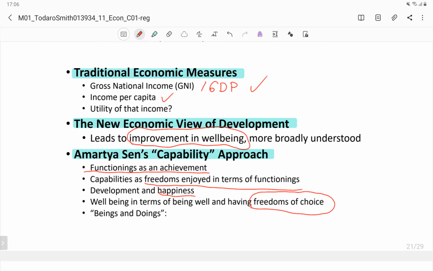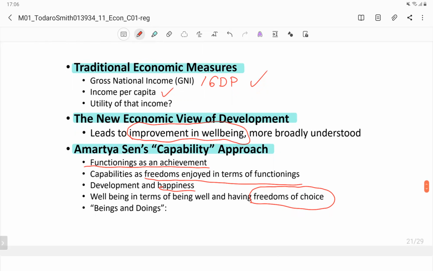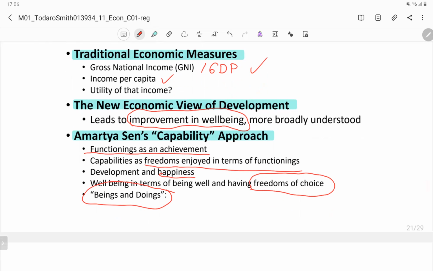When someone is poor and they are sick, they don't have other choice but to deal with it themselves. If they are not poor, then they will have the choice to go to the hospital, to go to the doctor, or to eat better food and things like that. And then here, Amartya Sen also talks about beings and doings. What are those? Let's see in the next slide.